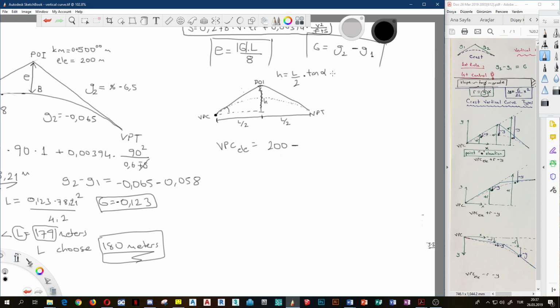Of course, tangent alpha is equal to hash divided by L divided by 2. Tangent alpha, is this any problem? No, this is tangent alpha. Alpha is here. What is tangent alpha? Hash divided by L divided by 2. So hash is equal to L divided by 2 times tangent alpha.